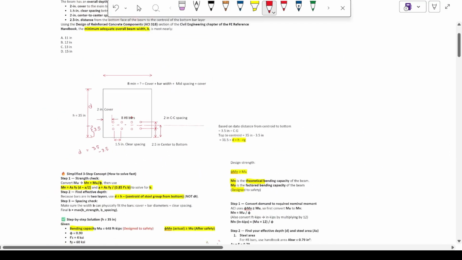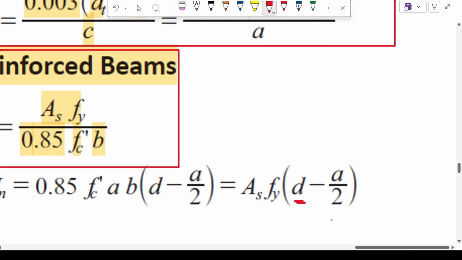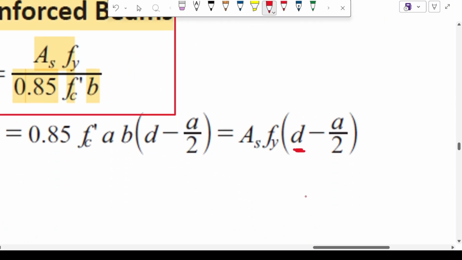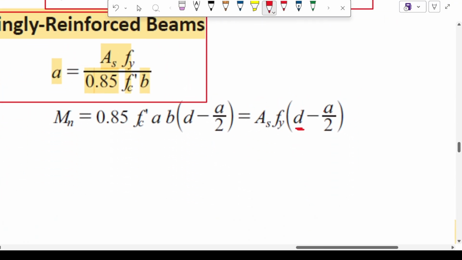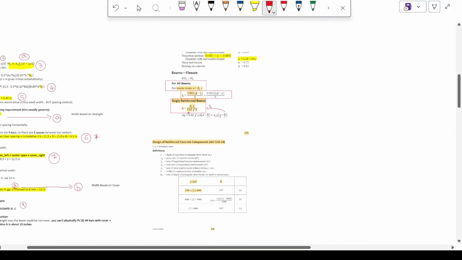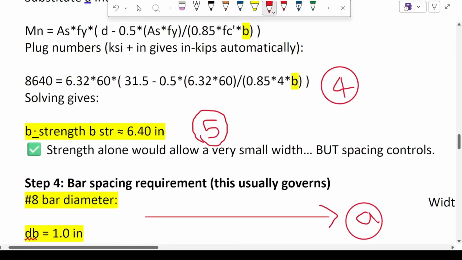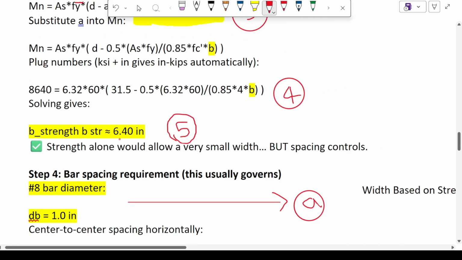We substitute 35 minus 3.5 in this equation, and I will get my a value. If I get my a value, I can substitute it in the other equation to calculate my b value. Very simple. Upon calculation, the b value for this particular problem came out to be 6.45.